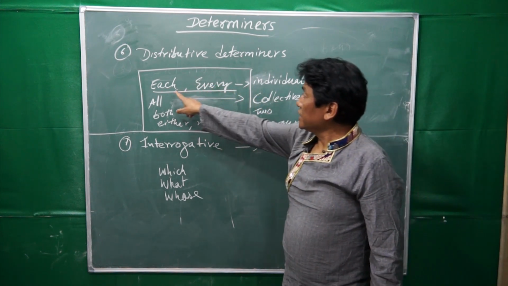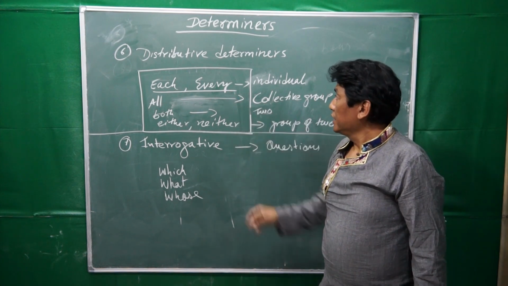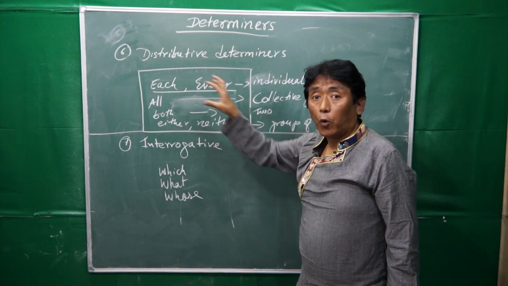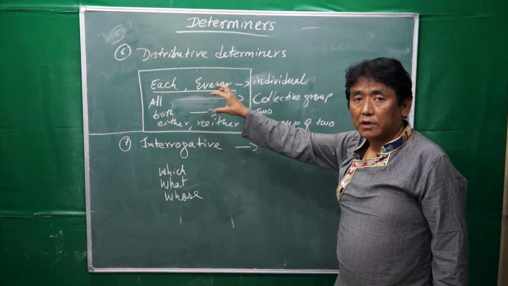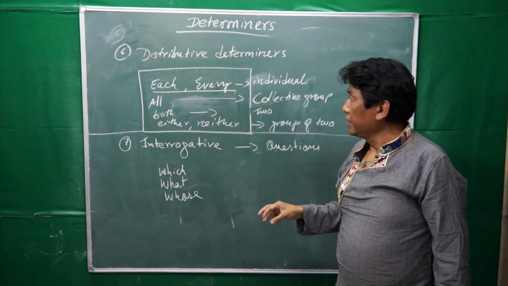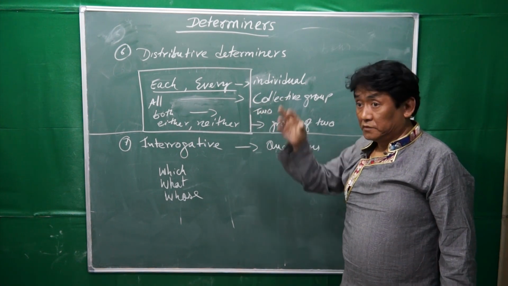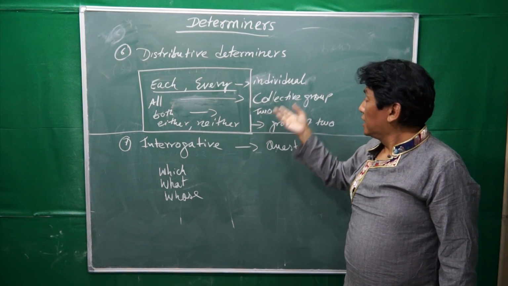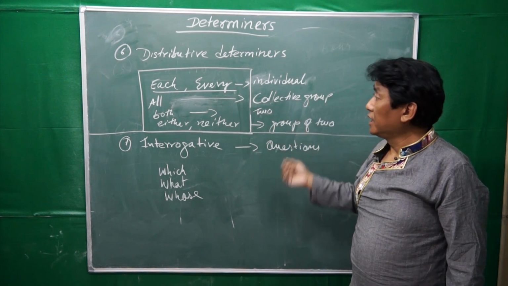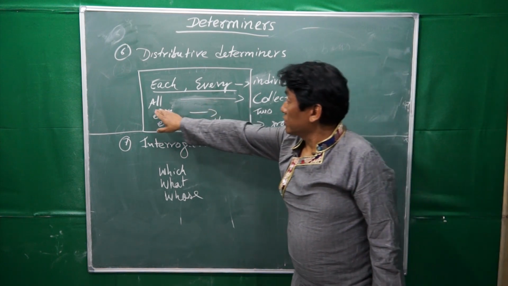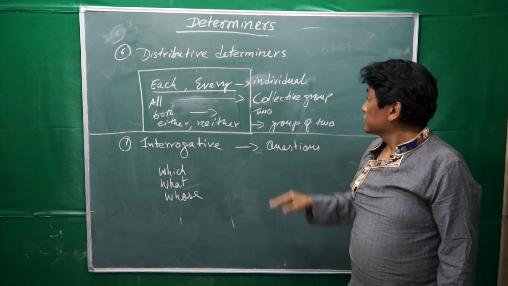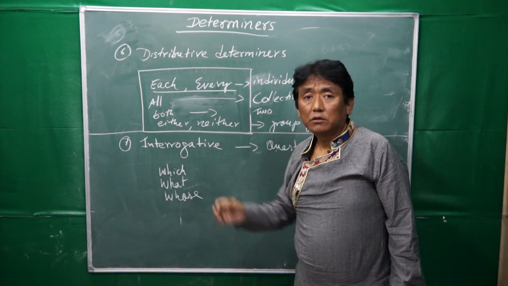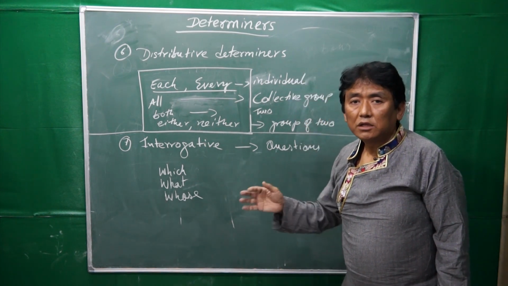When you use each or every, that means we're using this for individuals, right? Each boy in the group is happy. Every girl in the class is intelligent. And then you can see this one, all. All can be used in front of a collective group, right? All boys, all girls.